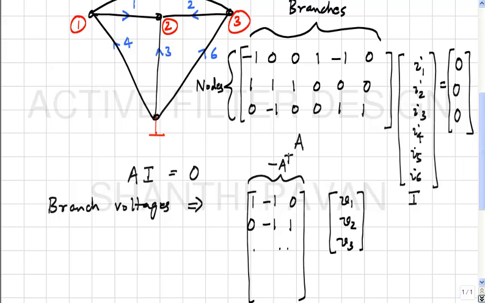That makes sense because the columns of A give you information about where each one of the branches is starting and ending, and the difference between those two node voltages is what constitutes the branch voltage.